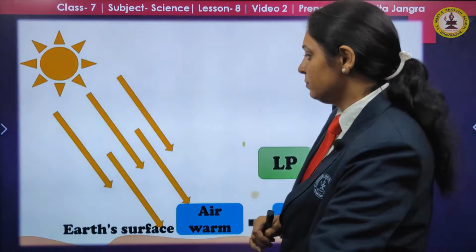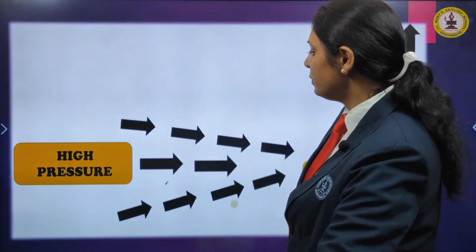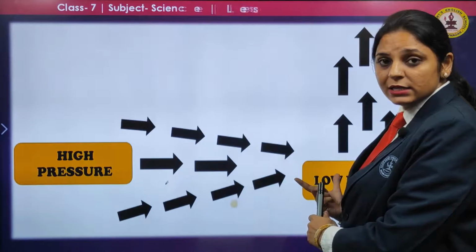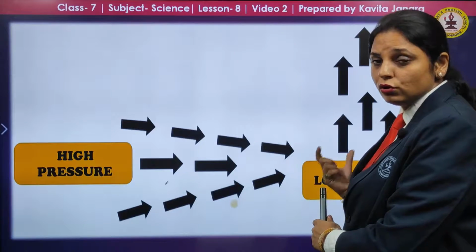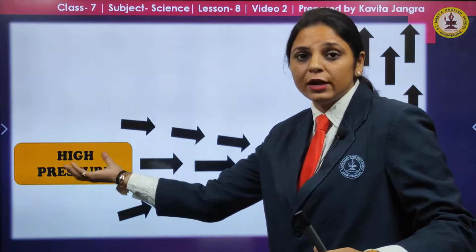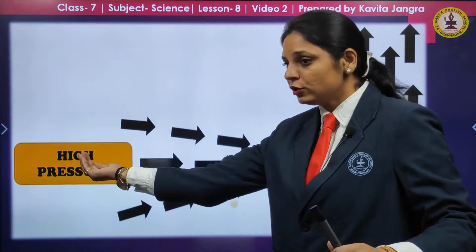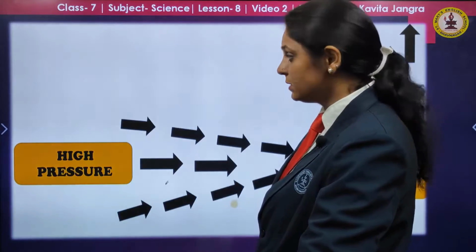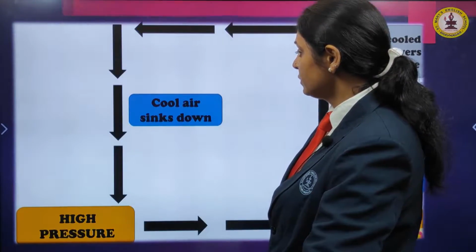Now low pressure is generated, and in the low pressure the air space is less. So this space is filled by the air from the cooler regions where high pressure is present. So you can see the movement from high pressure to low pressure to occupy the vacant space.